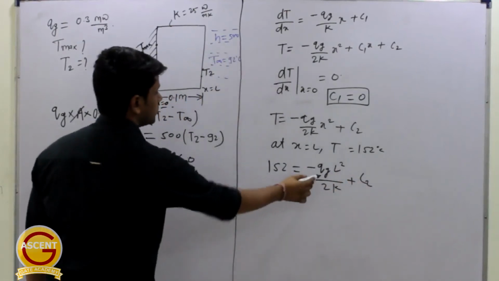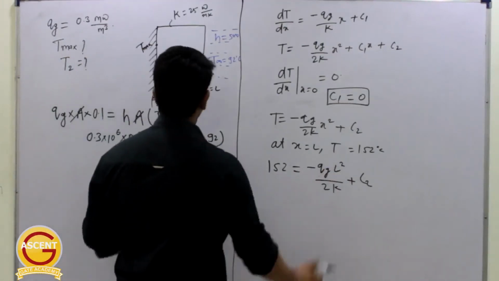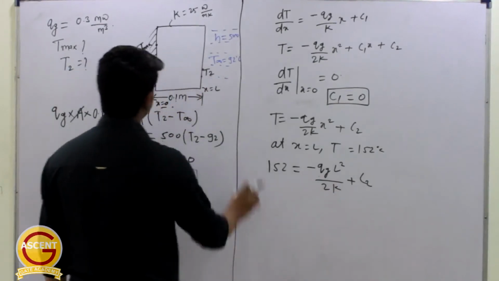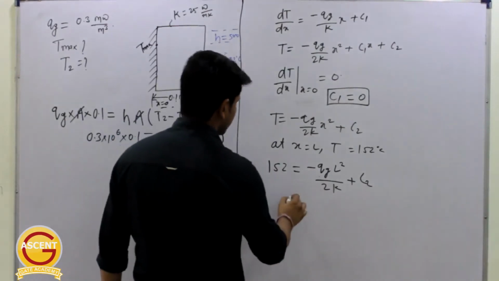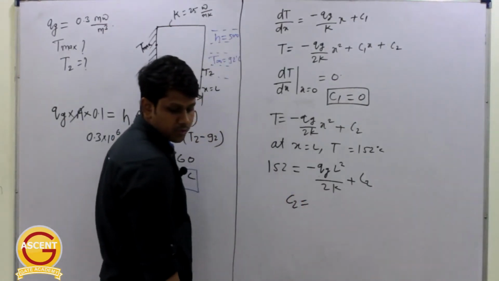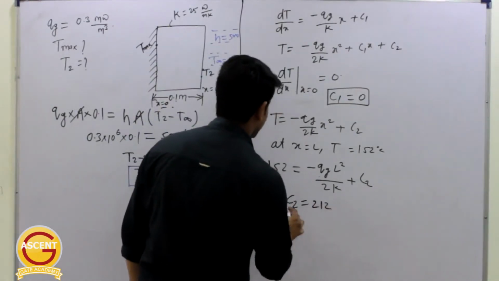Now this qg value is known, it is 0.3 into 10 power 6. L value is known, it is the thickness which is 0.1 meter. Thermal conductivity is known to us, it is 25. So the only unknown is C2, and solving this you will get C2 as 212, right. So this constant is 212.